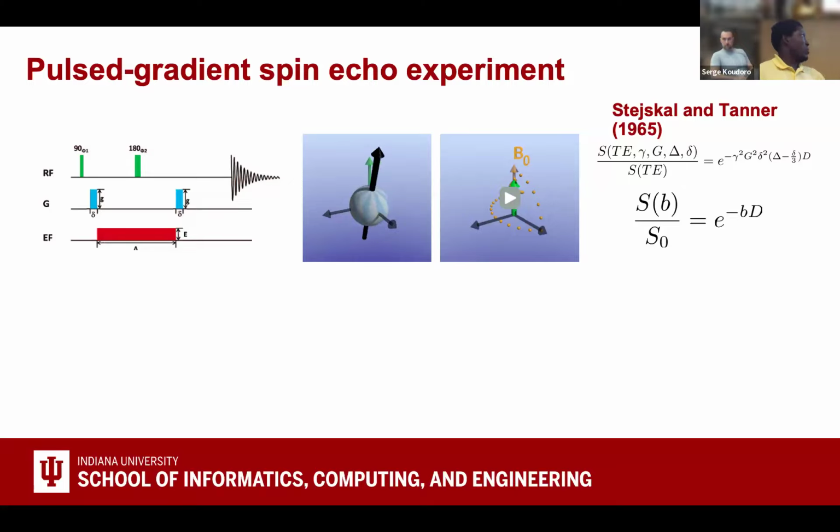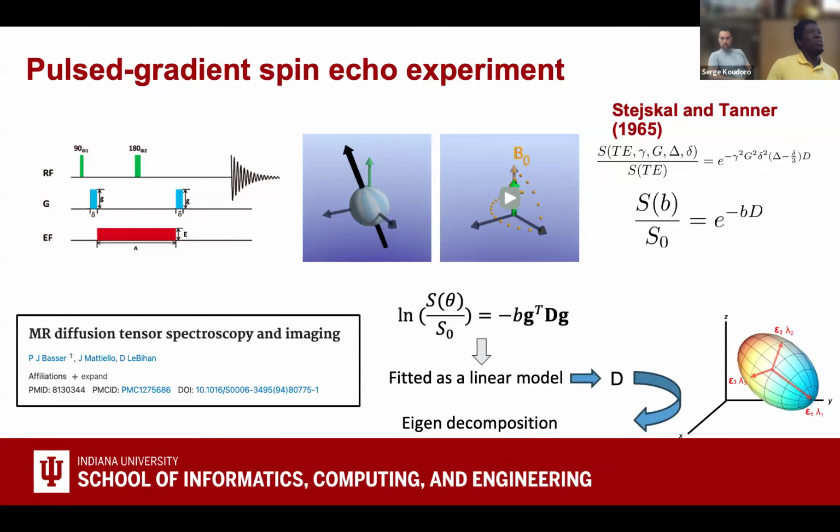This was formulated in the 60s by Stejskal, sorry to destroy the name, I apologize to this person. And then later it was popularized by Basser and co., only in 1994, so almost 30 years later.